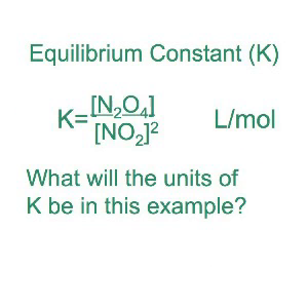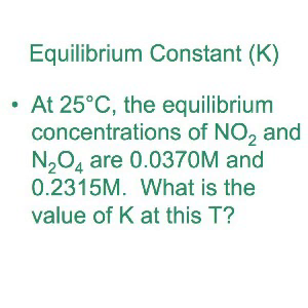So what you're going to do is take that equilibrium expression that you just wrote, and you're going to plug in the concentrations at equilibrium that I gave you. You should have in your numerator, within brackets, 0.2315 raised to the first power, and in your denominator, within brackets, 0.037, and then outside of the brackets, squared.